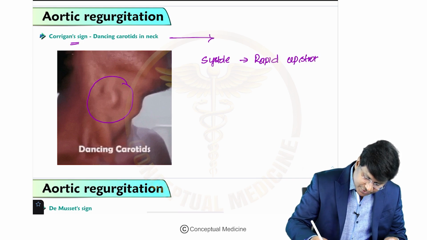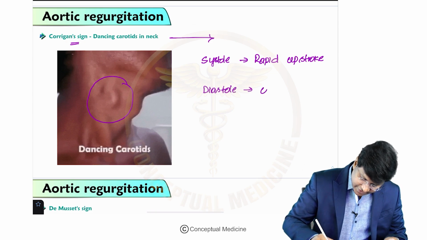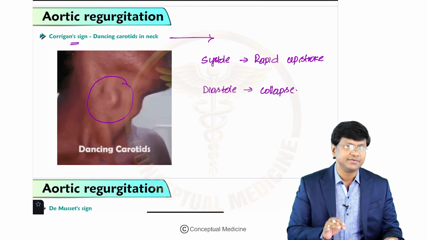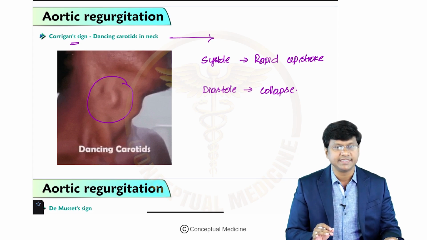There will be a rapid upstroke, and during diastole there will be a collapse. That is your Corrigan's sign, which is nothing but the dancing carotids in the neck.